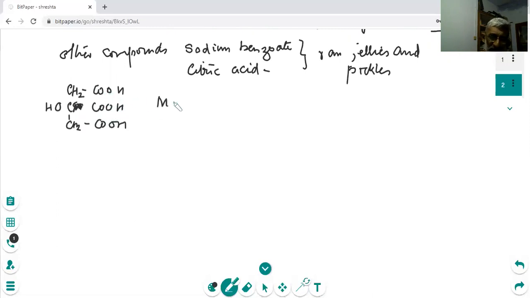So metal ions will get trapped. That is, they will get coordinated here. You know that. With these lone pairs of electrons, they can get coordinated. So they form complexes and get removed, get sequestered. That is the best word.